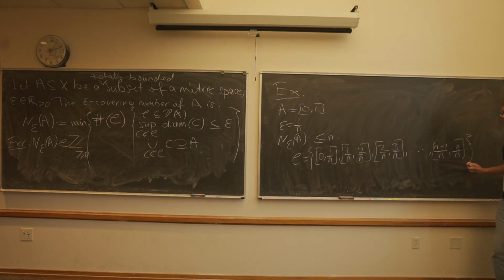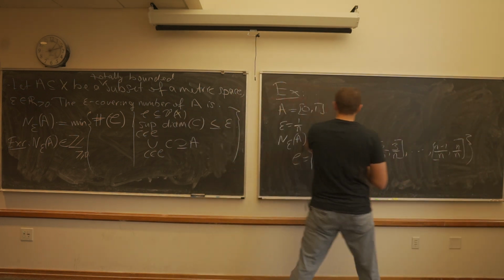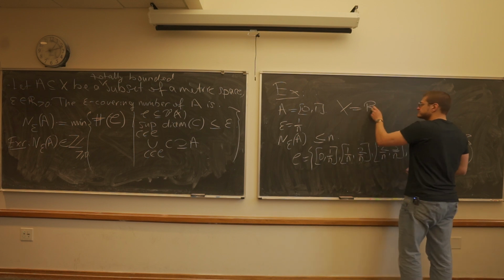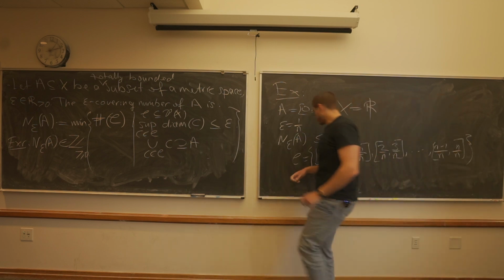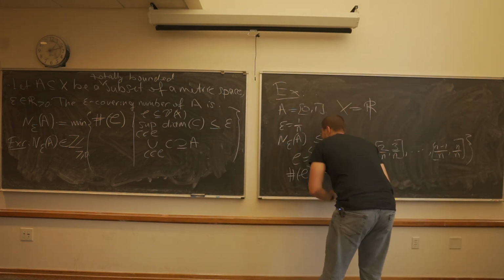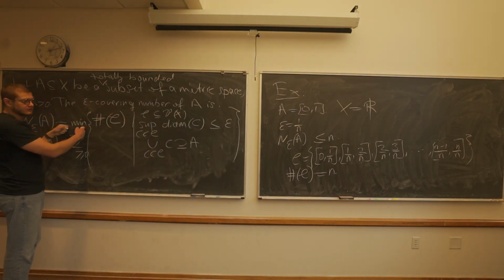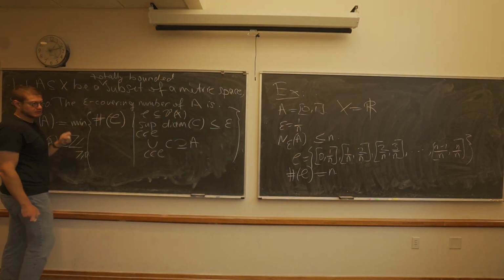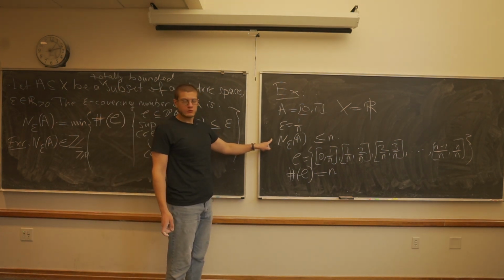You see, curly C is a collection of subsets of X, which is the reals. Clearly, it has exactly n elements. So the number of elements of C equals n. But since this number is bounded from below by that number, this must be the case.